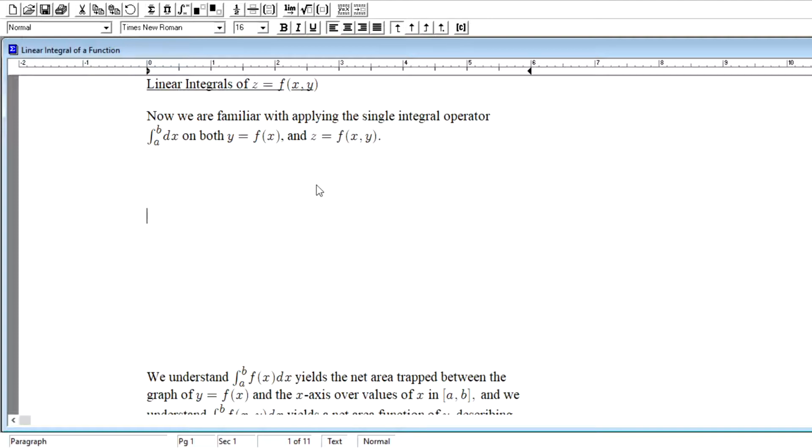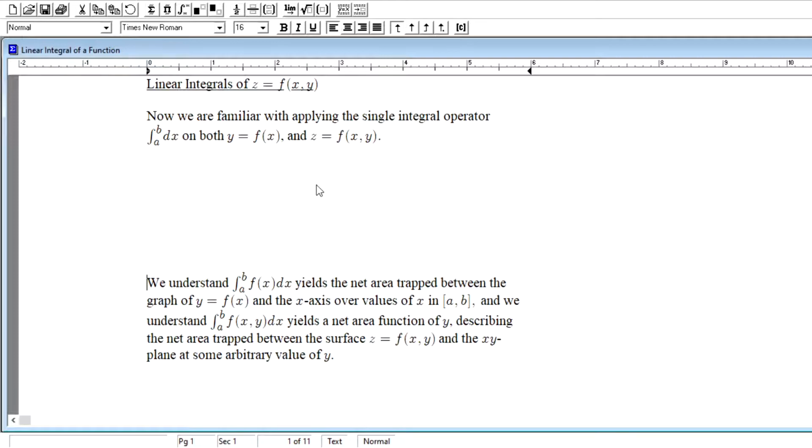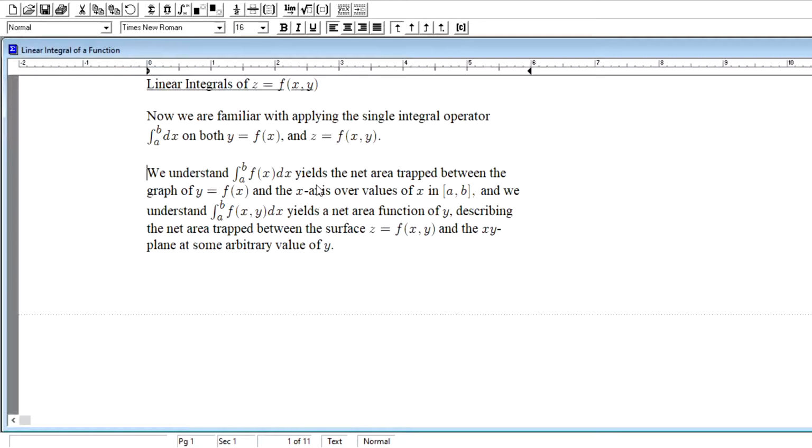If we formalize that understanding, we understand that when we apply this operator to the single variable function f of x, with just one independent variable, what this operator yields is what we call the net area trapped between the graph of y equals f of x and the x-axis over values of x in this bound from a to b. That goes all the way back to our Calculus 1 understanding. That should be very, very familiar to us.